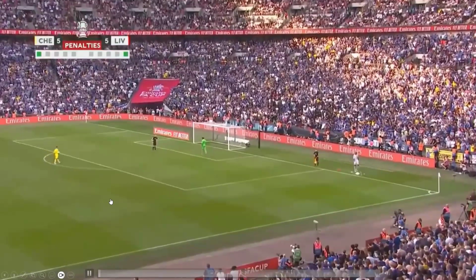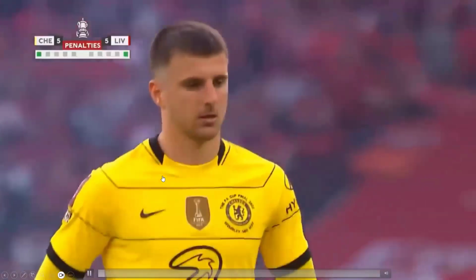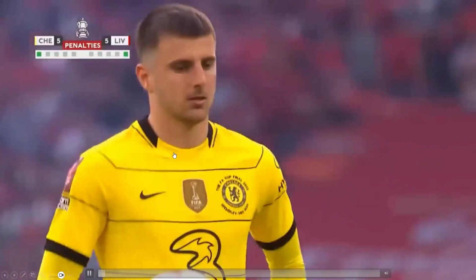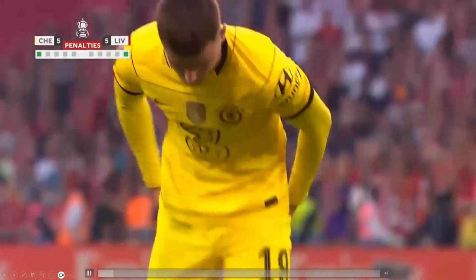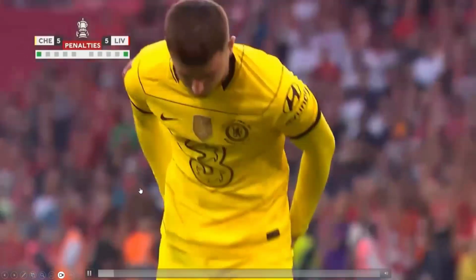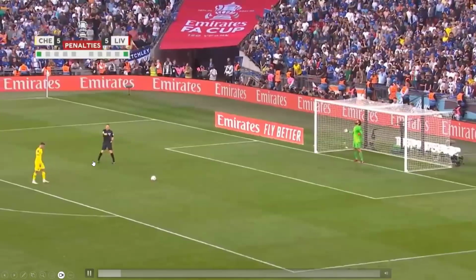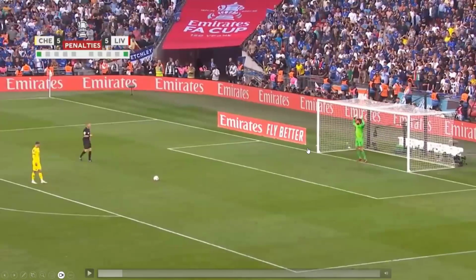Chelsea player. Now he is going to take the penalty kick. The goalie of Liverpool. So this kicker can choose left hand side or right hand side.